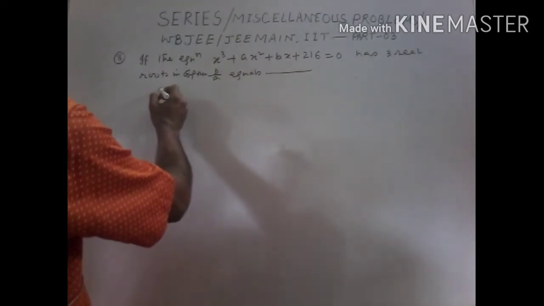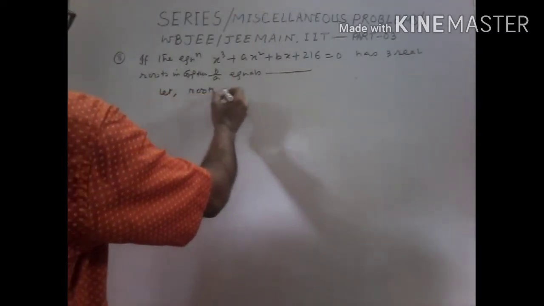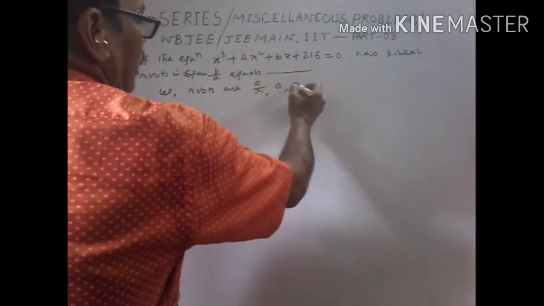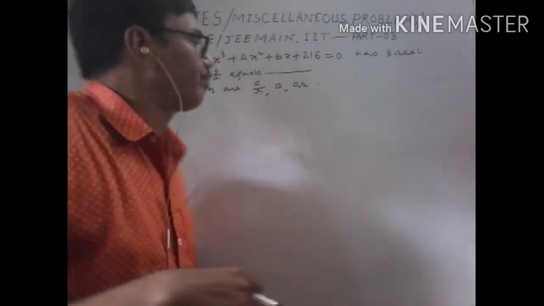So let the roots be A by R, A, AR, because they are in GP.